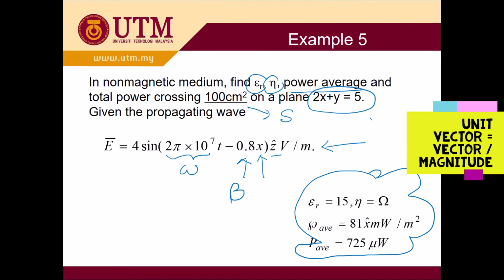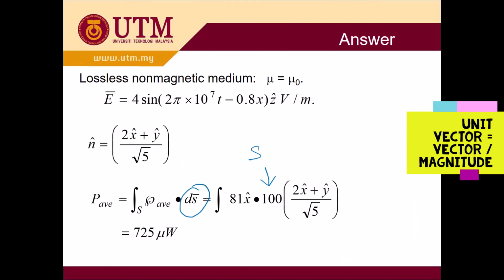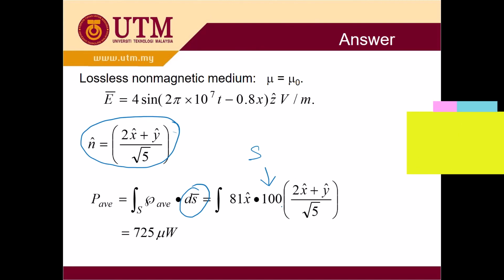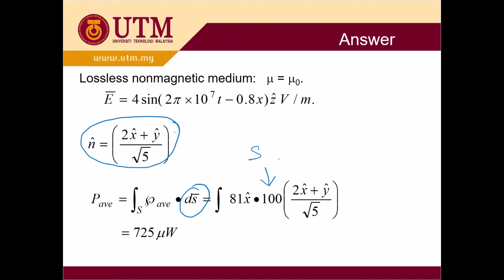Let's say the plane is like this, so this is the normal vector. The S should be 100 centimeter square, and you have to change it to meter square.